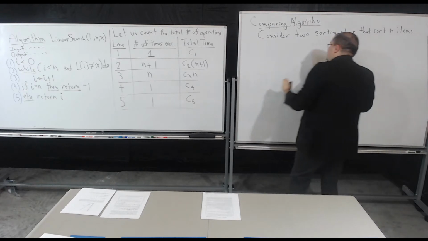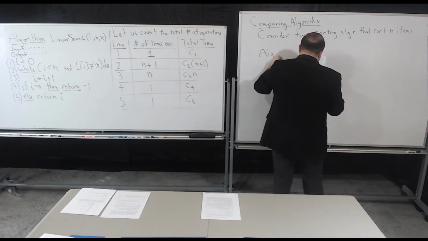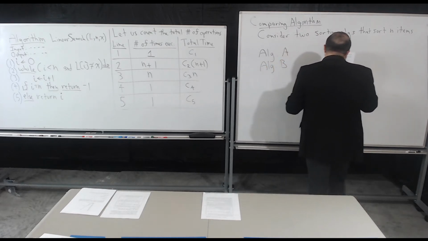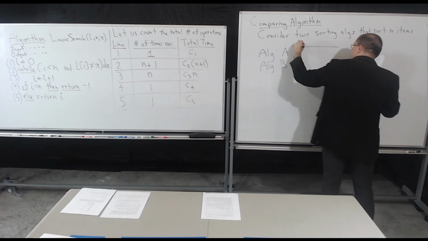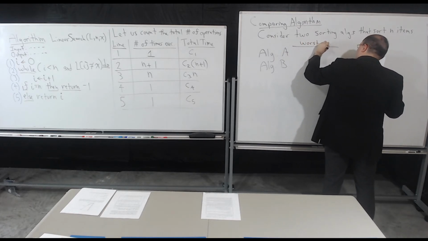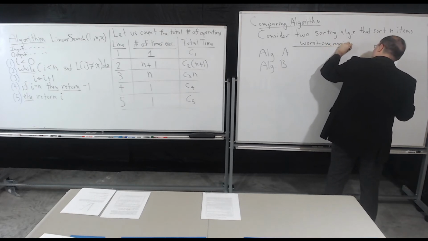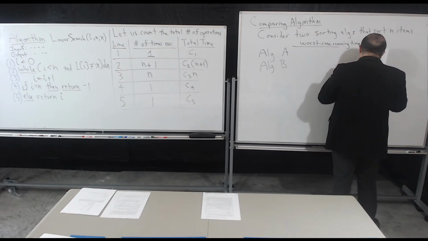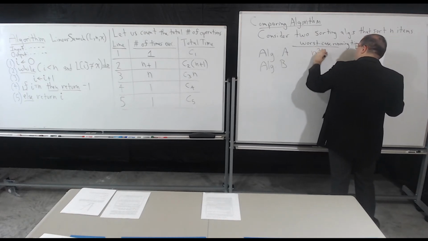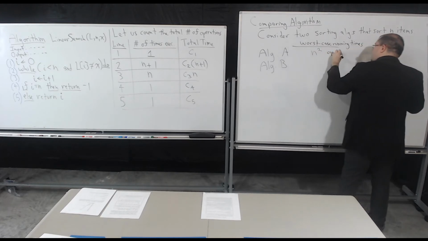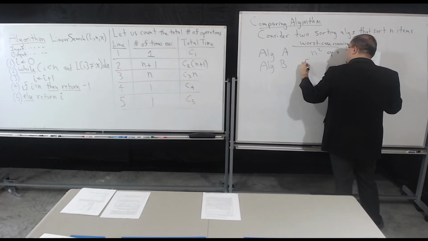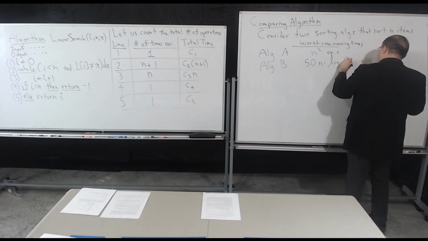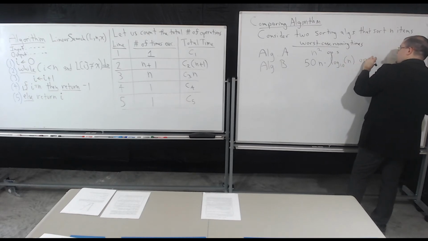So algorithm A and algorithm B. Their worst case running times: algorithm A is going to take approximately n squared operations. And algorithm B is going to take 50 times n times log base 10 of n operations. So these are their worst case running times.